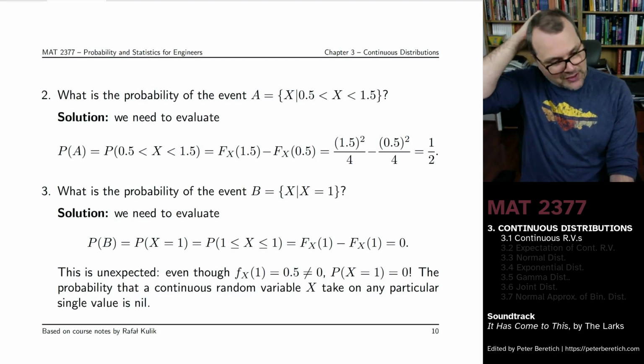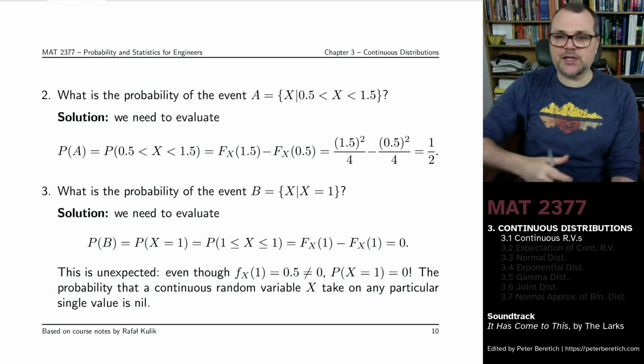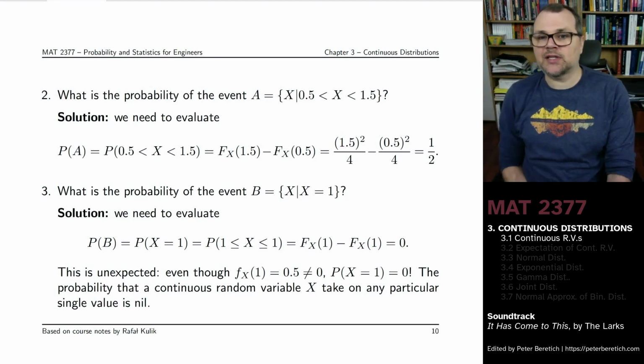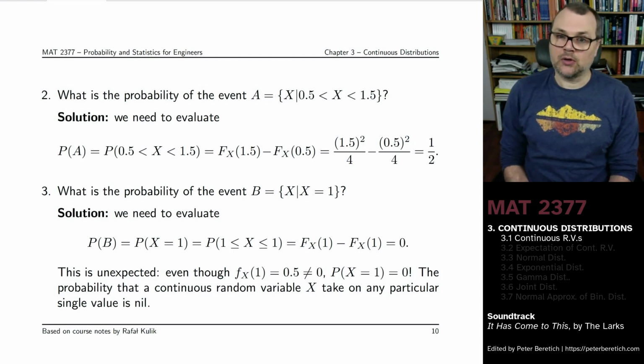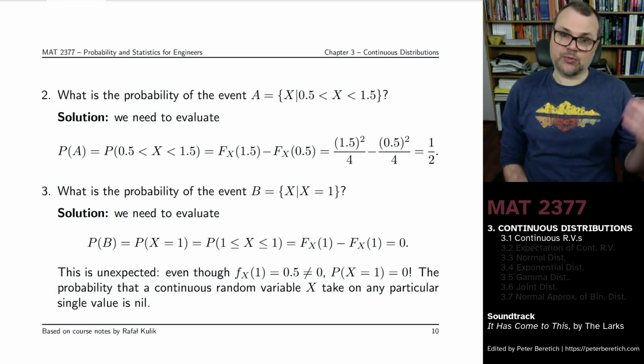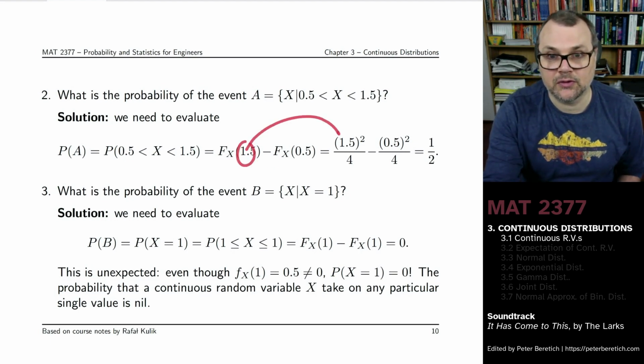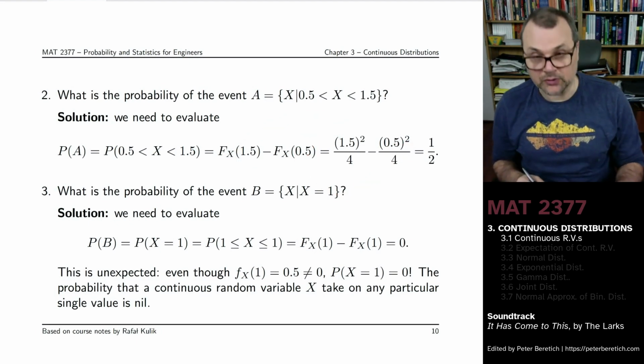Now we know what the CDF is. It's a function that takes on the value 0 before 0, 1 after 2, and between 0 and 2 is the function x squared over 4. So here we just replace x by 1.5 and x by 0.5. That gives us a value of 1/2.